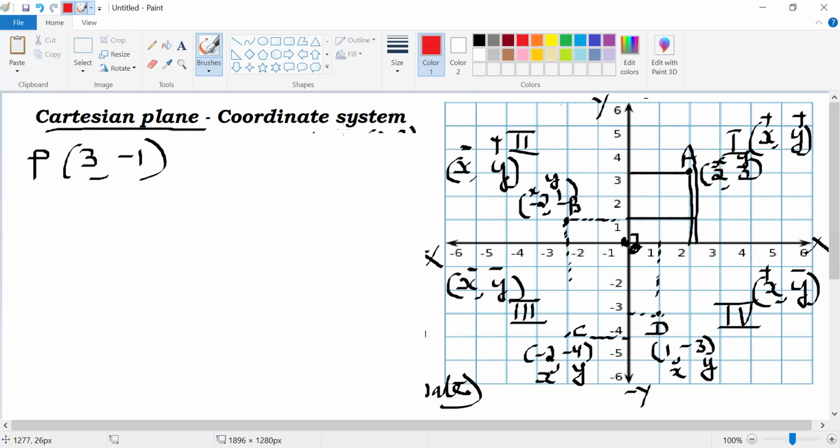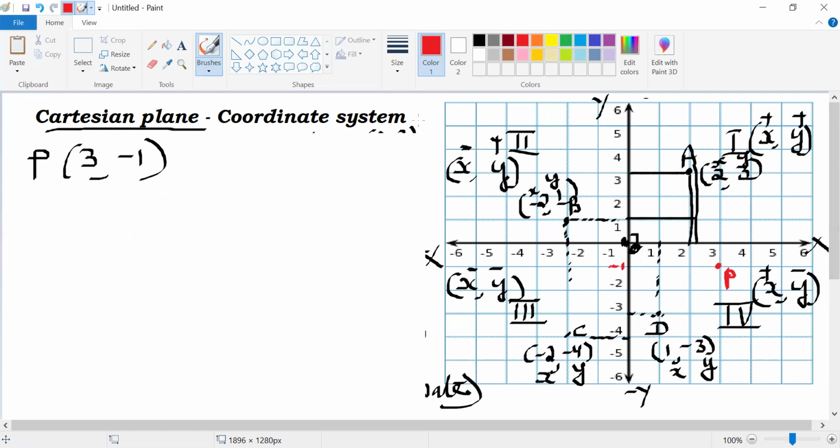So where will I locate it? Here is -1. This is the point P, where x is 3 and y is -1.